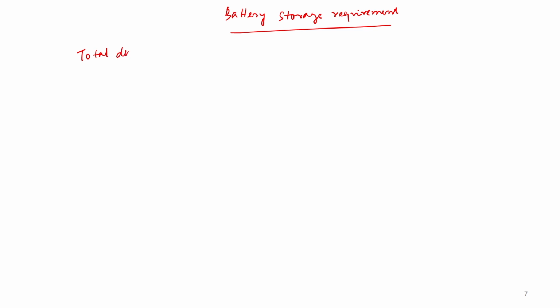The total daily ampere hour requirement is equal to daily energy in watt hour divided by system nominal voltage.